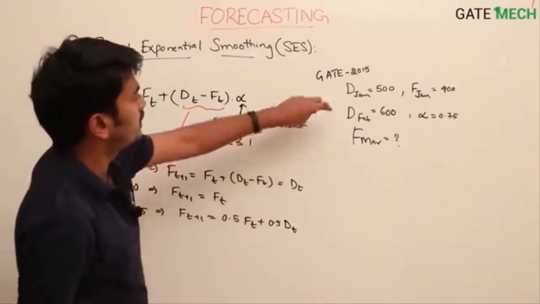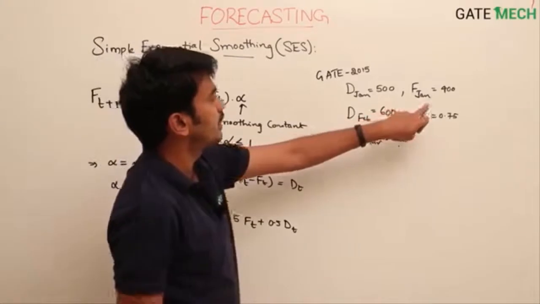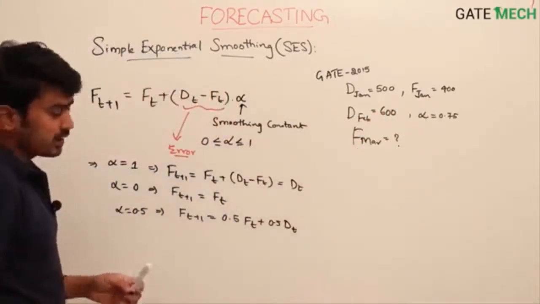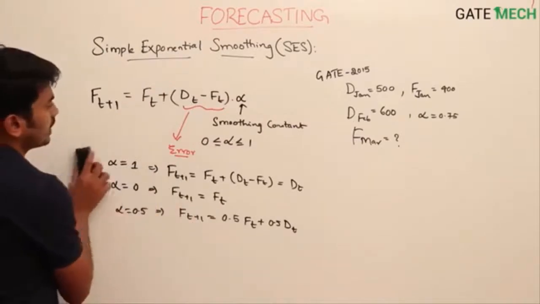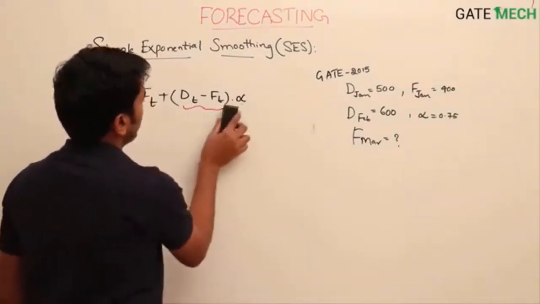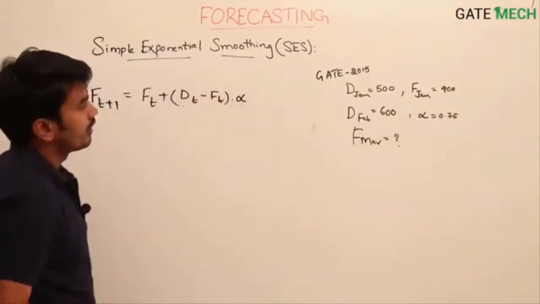So demand for Jan and February is given, and we need to find a forecast for March given the forecast for Jan, right? So using exponential smoothing method, because it is given, we got a smoothing constant as well, right?